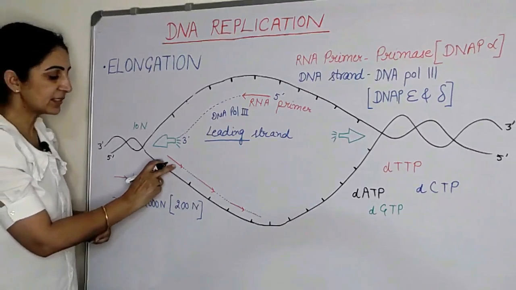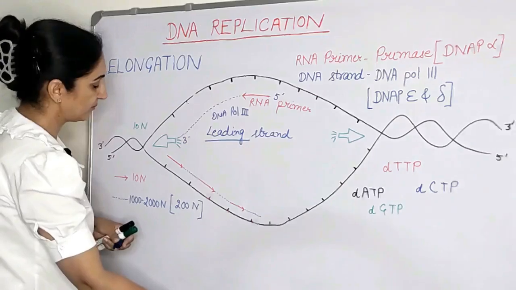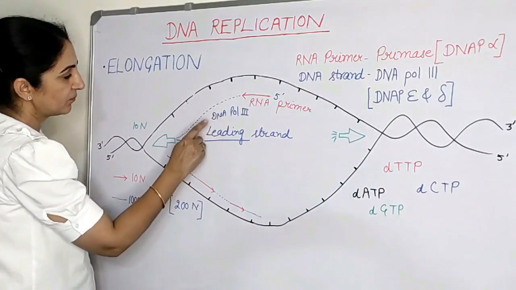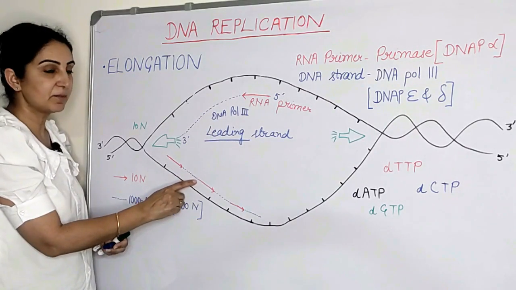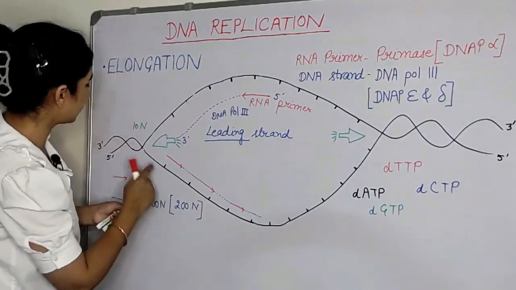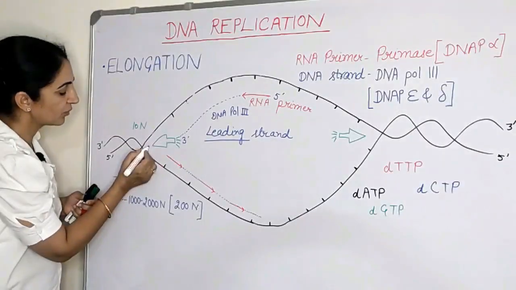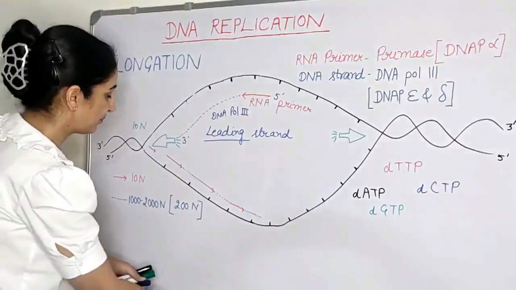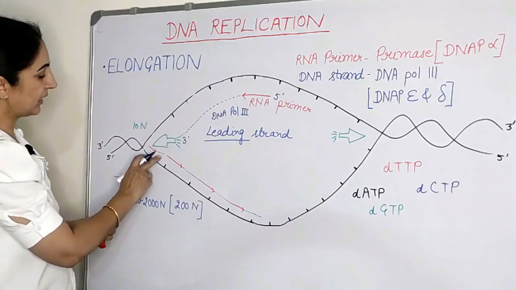On this side also, the synthesis of an RNA primer takes place like this. Then over this primer, the enzyme DNA polymerase 3 synthesizes the DNA strand. Suppose now it has unwound like this. First there will be a synthesis of RNA primer. Over this RNA primer you synthesize your DNA strand.